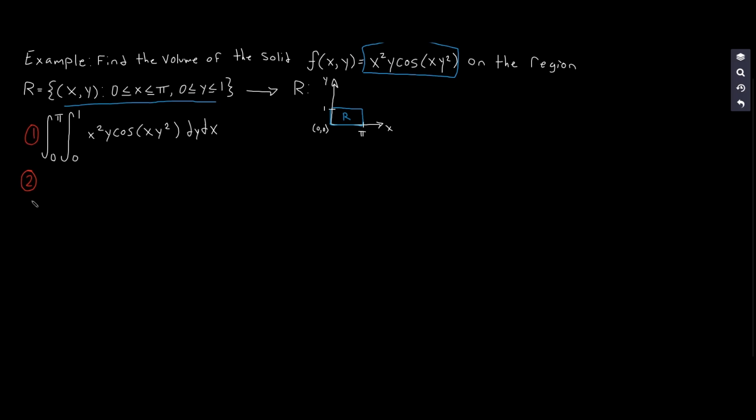It's going to be the integral from 0 to 1 times the integral from 0 to pi. And the integrand stays the same: x squared times y times cosine of x times y squared dx dy.